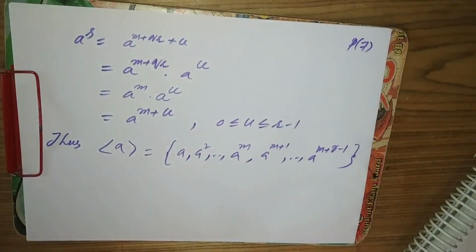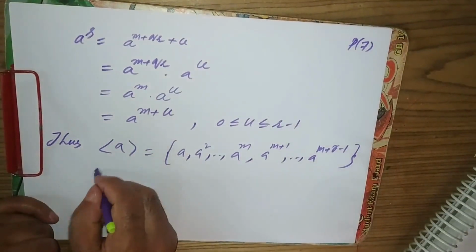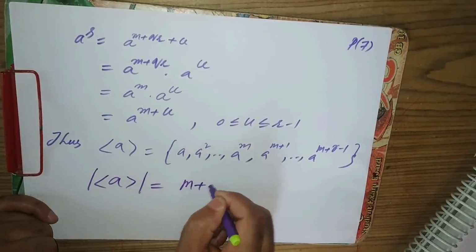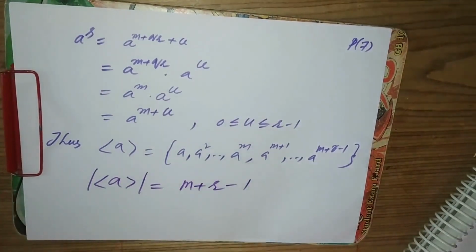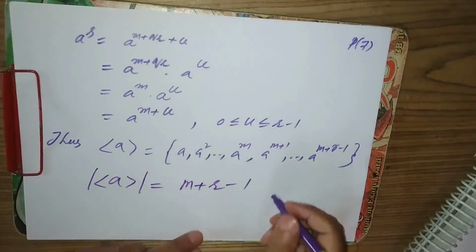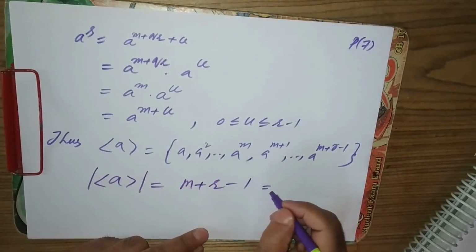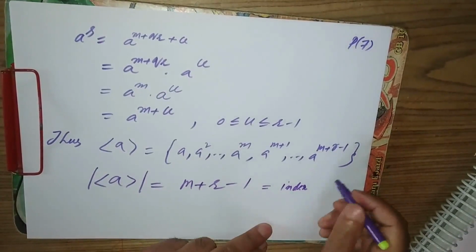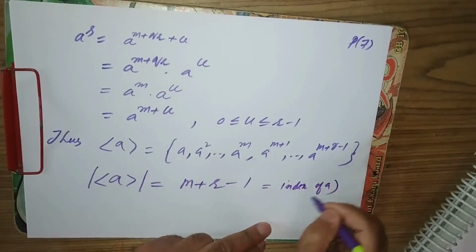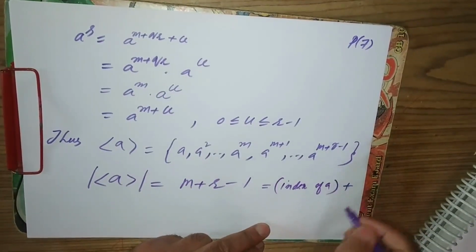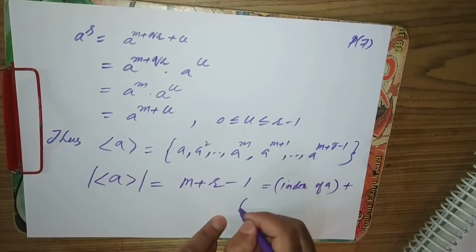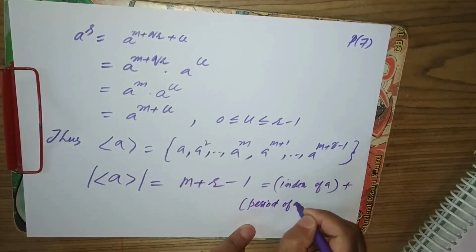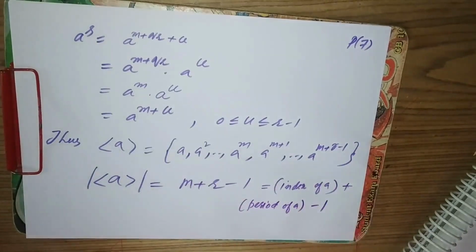And you can see that the number of elements in that finite monogenic semigroup is equal to m plus r minus 1. That's the index of A plus r, the period of A, minus 1.